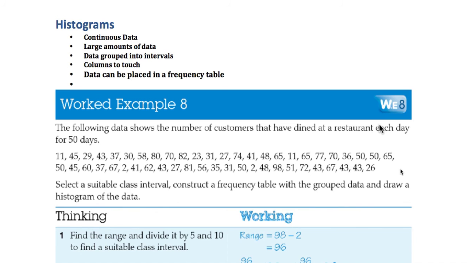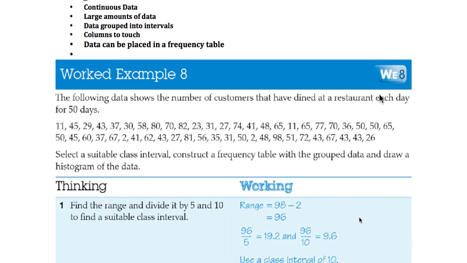Now, we look for the range of the data, which is the smallest data value and the largest data value and the distance in between. In this example, the largest data value is 98, which is there. The smallest data value is 2, which is here. That means the data has a range of 96.